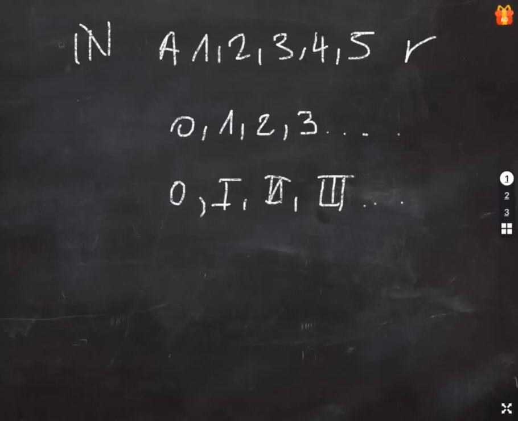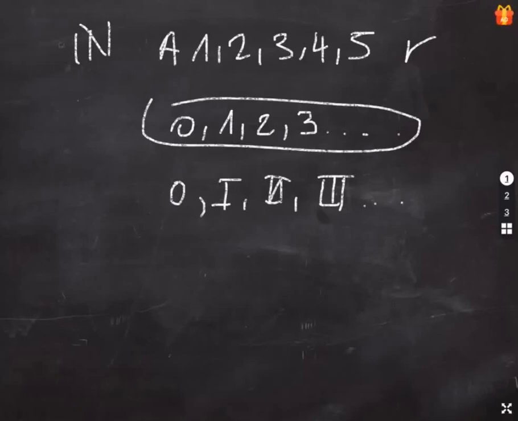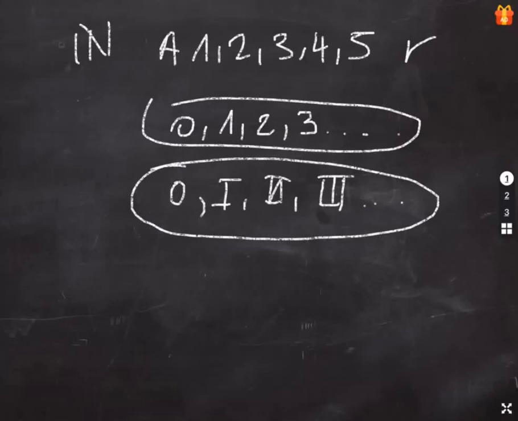We have an isomorphic relation. So we have a mapping between this world and this world over here. We have, of course, a one-to-one relation between 0 and 0, 1 and I, 2 and II, 3 and III.